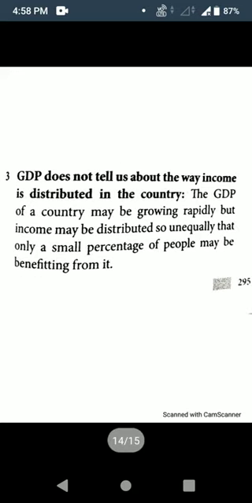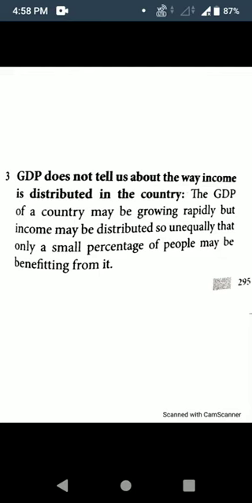Next one is that GDP does not tell us about the way income is distributed in the country. How the country distributes its income, that also it does not tell. It is also one of the limitations. The GDP of a country may be growing rapidly, but income may be distributed so unequally that only a small percentage of people may be benefiting from it.